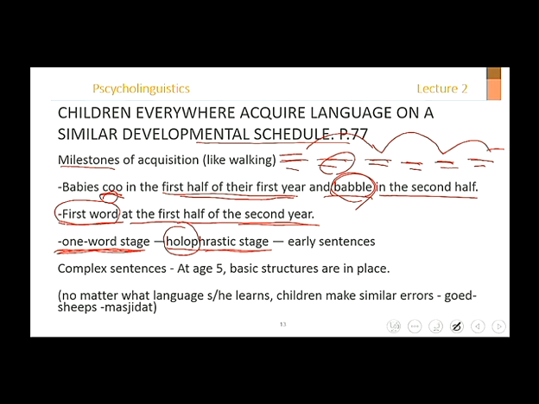For example, if the child knows the word milk, the child will use the word milk for different purposes. If the child wants to say, I want milk, the child is going to say milk. If the child wants to say the cat is drinking the milk, he or she is going to say milk. Maybe the child will use the word milk to refer to other, unrelated things. And that's why it's called the holophrastic stage, because the child uses that one word referring to different things.